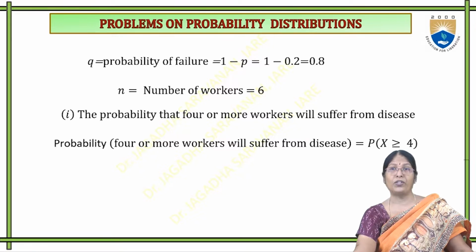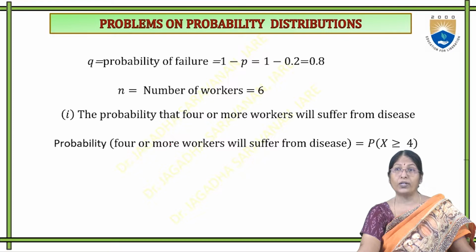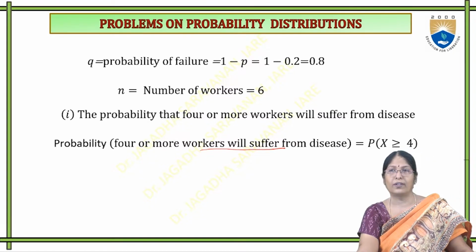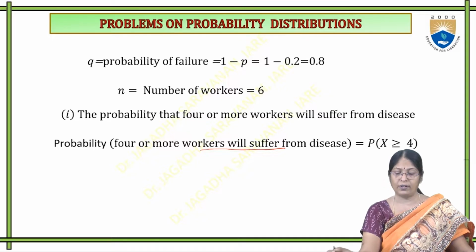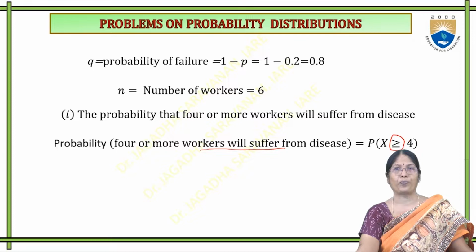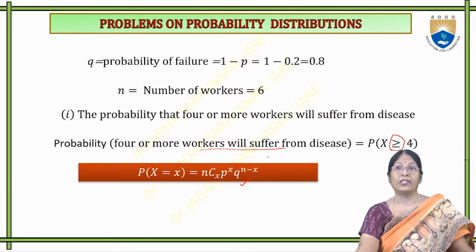That is, probability of 4 or more workers suffering from disease; mathematically we can write greater than or equal to 4. And our probability, that is the binomial distribution formula, is nCx p power x q power n minus x.